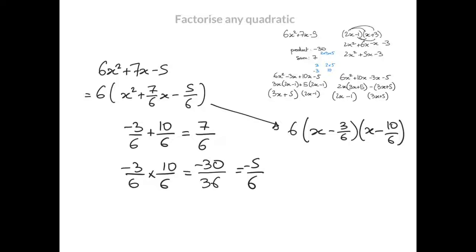So you see, it's not quite what we had at the end with the first method, but a little bit of algebraic manipulation will actually get us to the exact same result. Let's first simplify the fractions that we can simplify. Here we get x minus a half and x minus 5/3. We can also see that the 6 here can be written as 3 times 2.